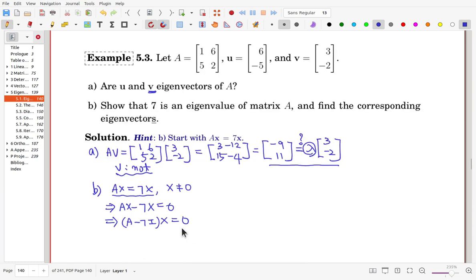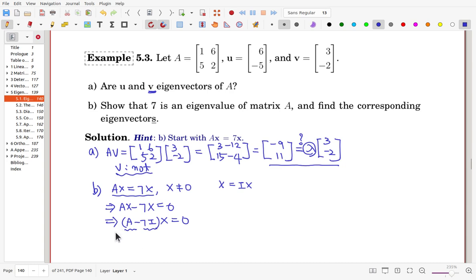Right? Now here you may wonder why we put here identity. Anyway, for any x, that is the same as the identity matrix times x. And also in subtraction here, A is right now a 2 by 2 matrix, so simply subtracting the scalar 7 is impossible. So we put here 7I, the identity matrix.